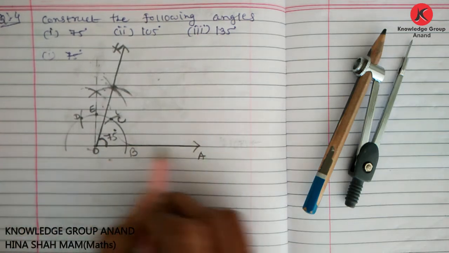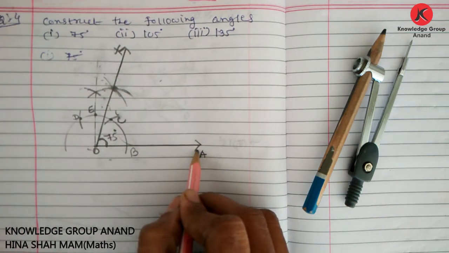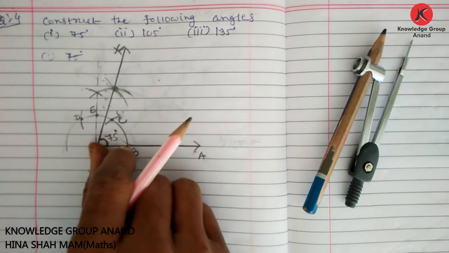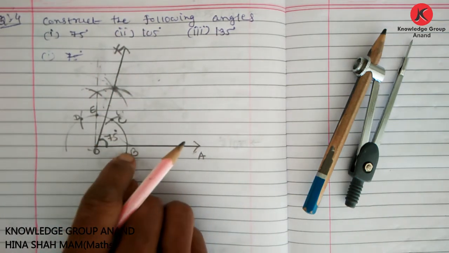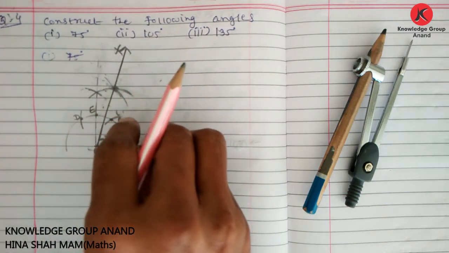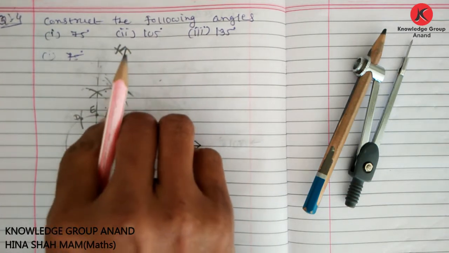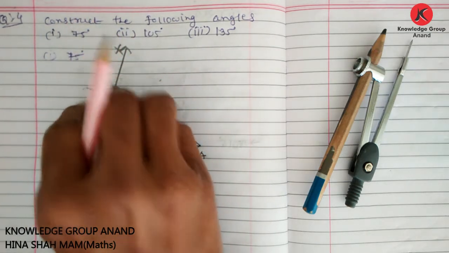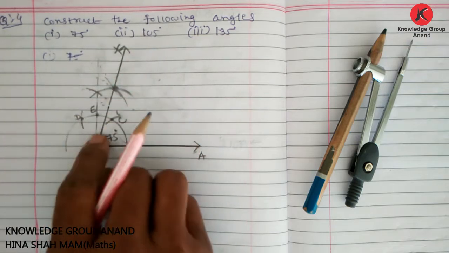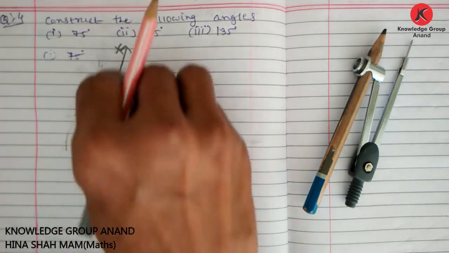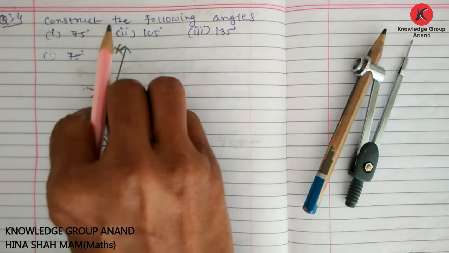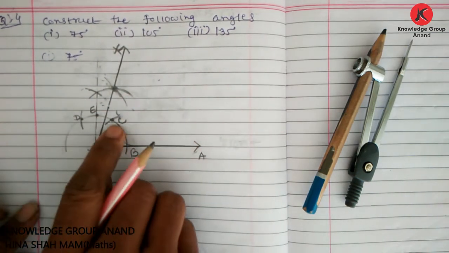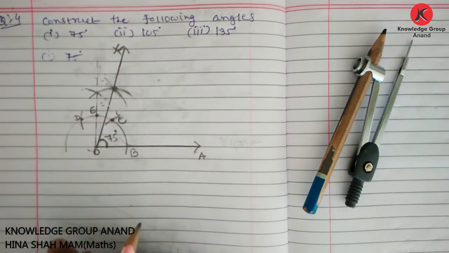Again, first we draw a ray OA. Taking O as center, we draw any arc which intersects at B. Taking B as center and the same radius, we intersect at C. The other arc is D. Then we draw angle 90, between 90 and 60, which is 15 degrees.